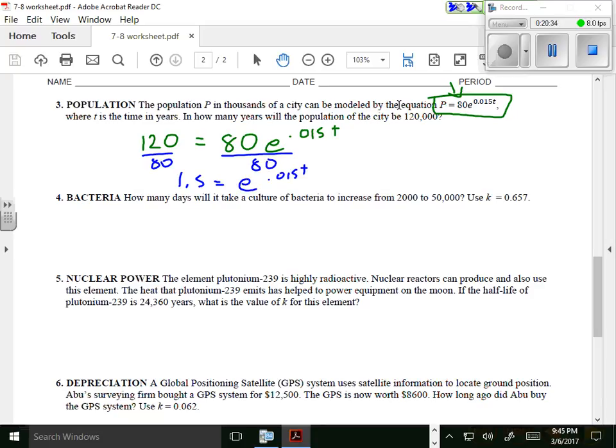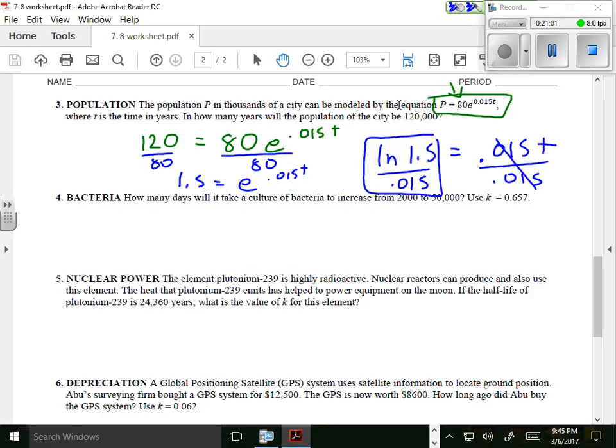We take the natural log of both sides. We'll get the natural log of 1.5 equal to natural log of e to the 0.015 t. The natural log of e will cancel, and you're just left with 0.015 t. Divide both sides by 0.015. Put this in your calculator, and you'll get a time.